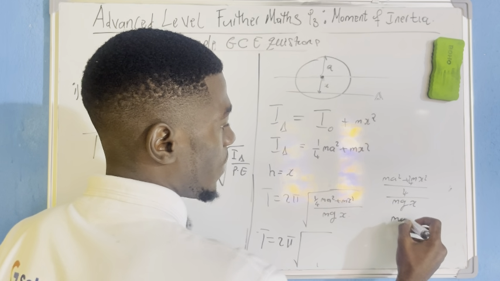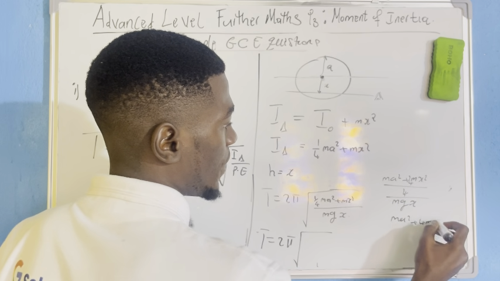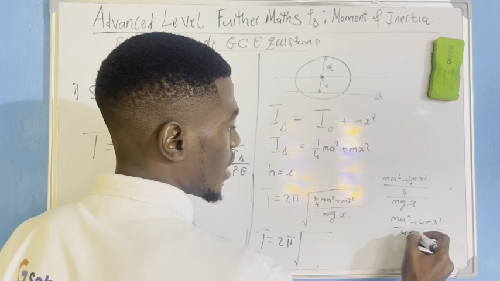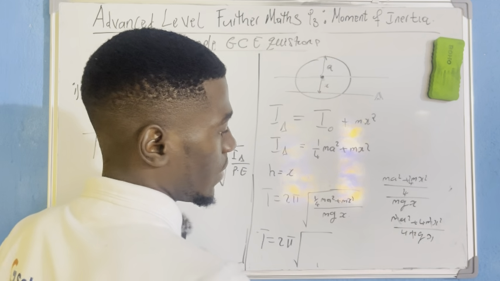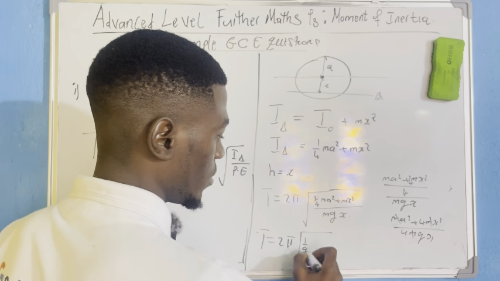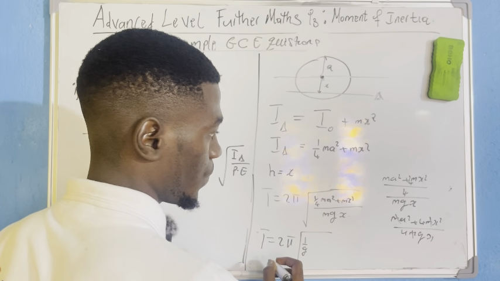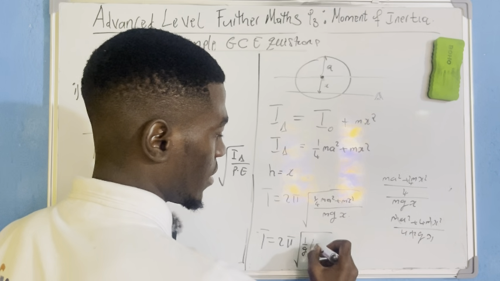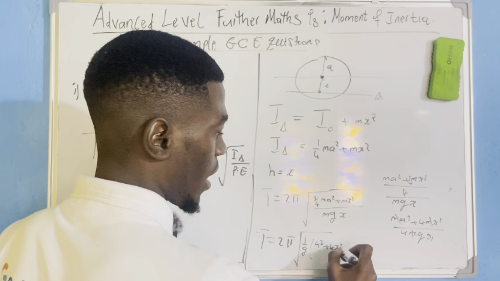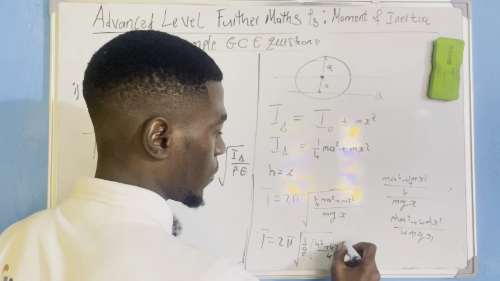I'll have (ma square plus 4 mx square) all over 4 mgx. m will cancel here. So I will stay with 1 over g in brackets (a square plus 4 x squared) divided by 4 x.